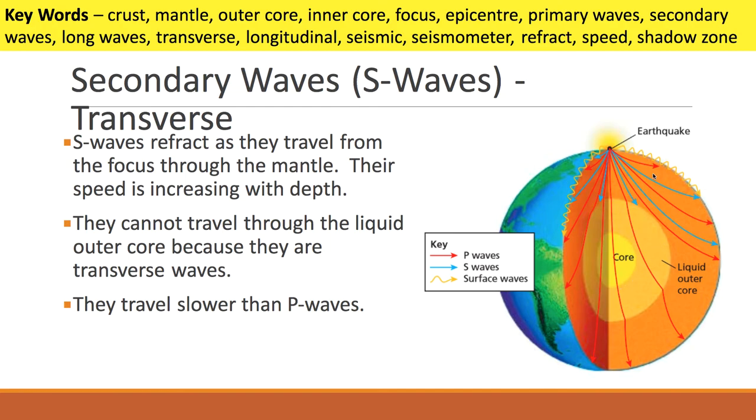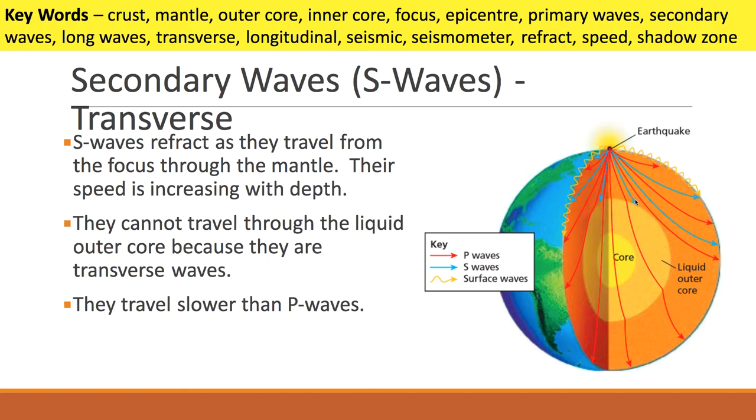But if you look at the S waves, you can see a similar kind of thing. The S waves are refracted here, and the S waves are refracted here. But this wave, it doesn't make it past this layer. So we have already worked out from the behavior of the P waves that there is a layer in here that isn't out here because of the different ways being refracted.